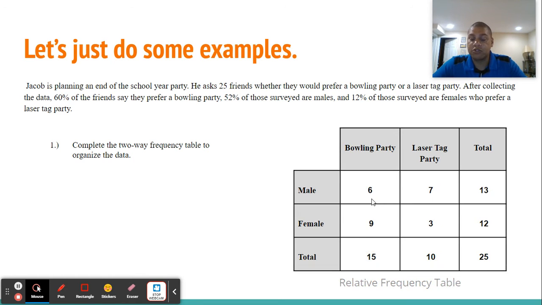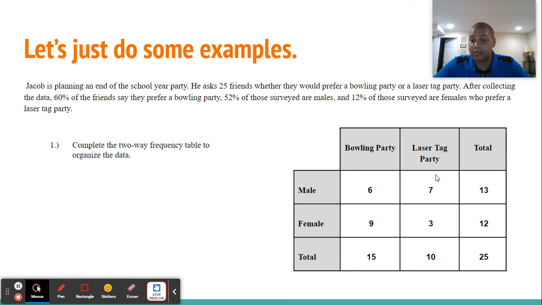Now, you may be asking, how do I figure out what 24% of 25 is? You just multiply, right? Remember, percentages, if you take that decimal spot and move it to the left 2, now it's a decimal, and you take like 25%, you'd say 0.25 of 25, and then it gives you back the number.